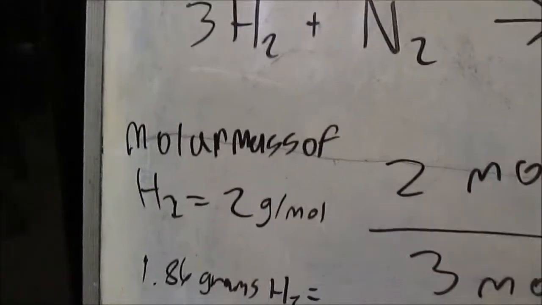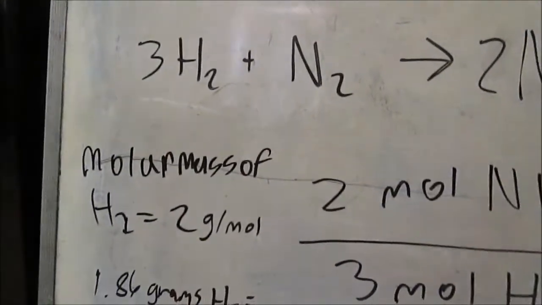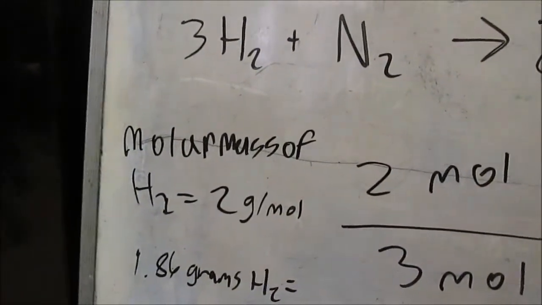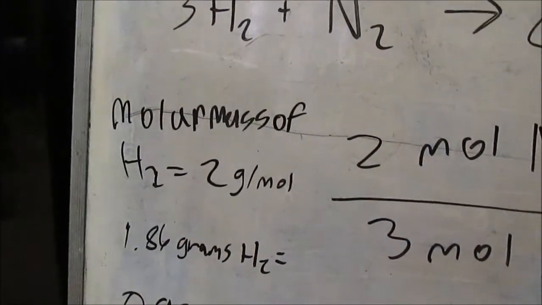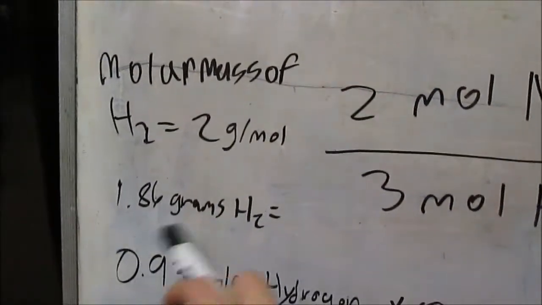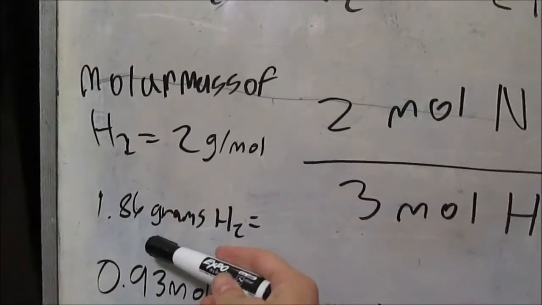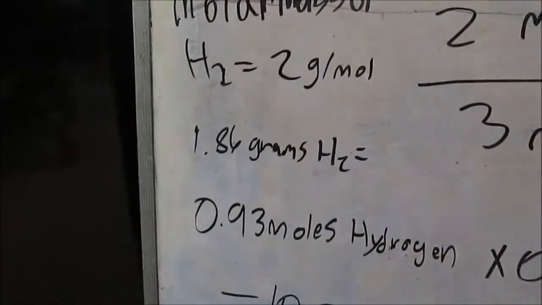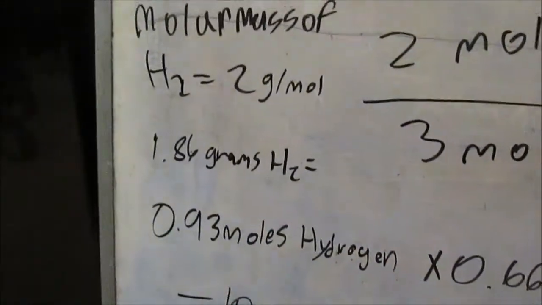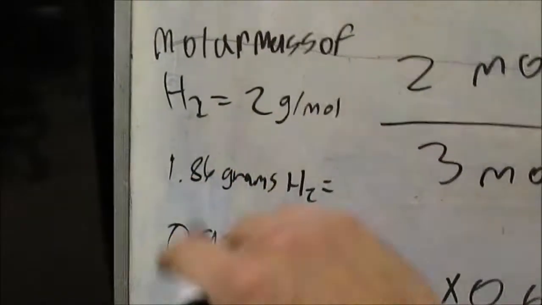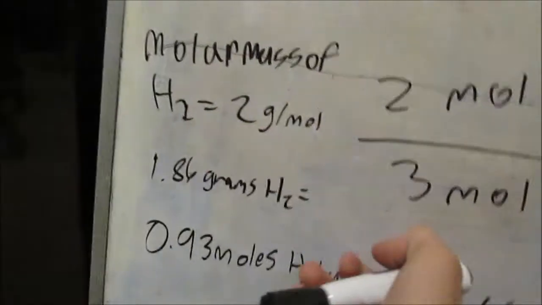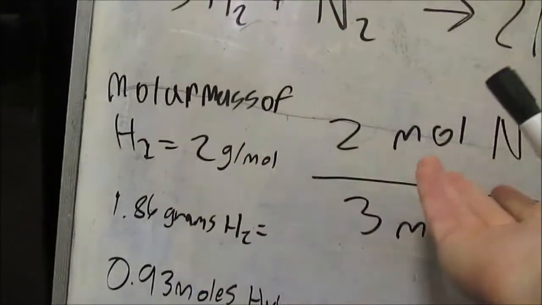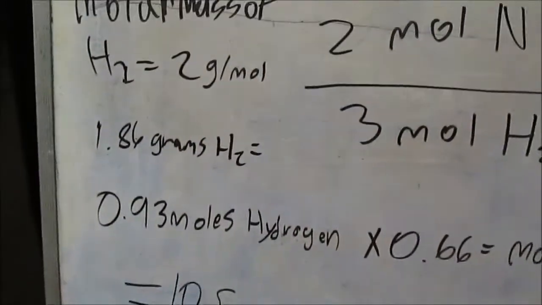Well, the molar mass of hydrogen, the molecule, is 2 grams for every mole. So for 1 mole, we need 2 grams, but we don't have 2 grams, we have 1.86 grams. So we divide this by 2 to find out how many moles we actually have, which is 0.93 moles, which is what you would suspect, because 1.86 is almost 2. It's 93% of the way to 2 grams, but it's not quite there, so it's 0.93 moles.